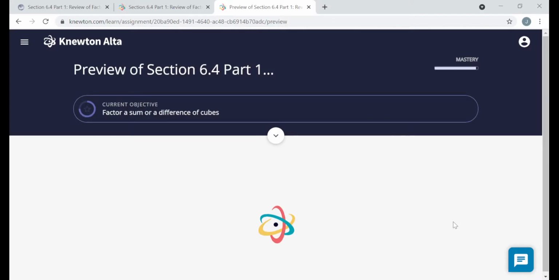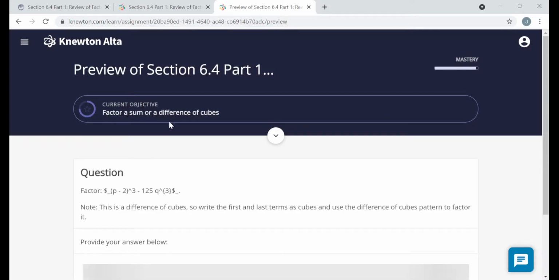All right, then my final question here is on that same objective, factor a sum or difference of cubes, and it's pretty much the same thing, but just a difference of cubes now. Okay. So once again, I'll write this out, and we'll go to the difference of cubes pattern and fill it in.